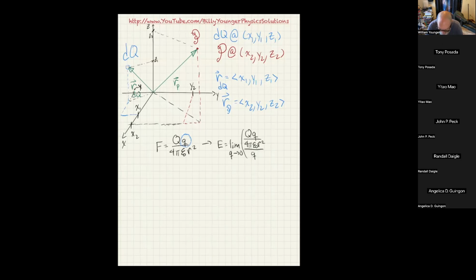Now, the reason we're doing that limiting process is basically, if you're going to make the argument that big Q makes an electric field, then clearly little q must make an electric field as well. But what you're trying to do is imagine the scenario of the little charge having such a small effect that it has essentially no effect. So that's why you're trying to consider letting q go to 0. But in the end, the formula really is just Q over 4 pi epsilon naught r squared.